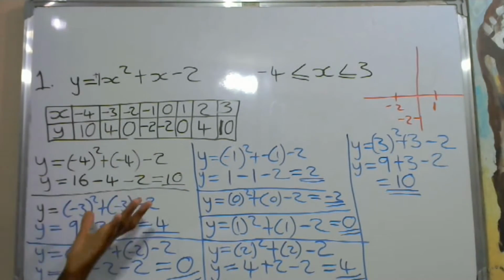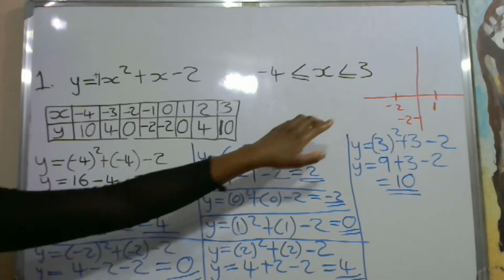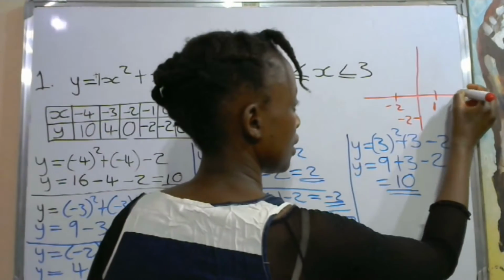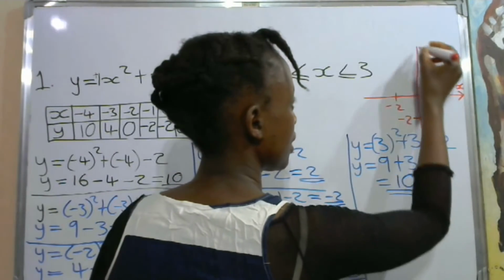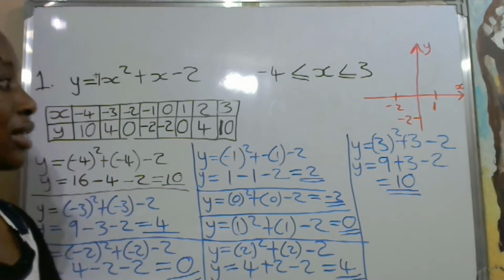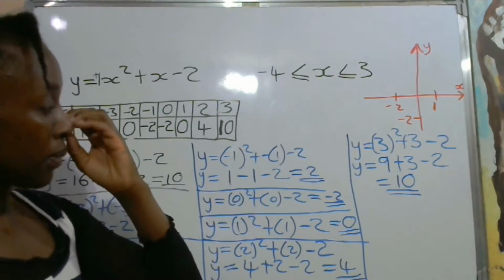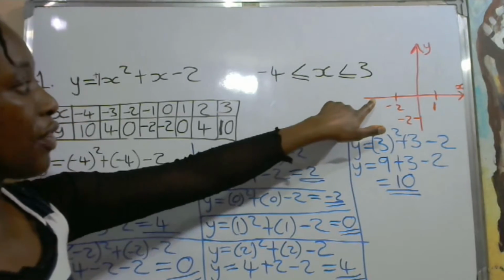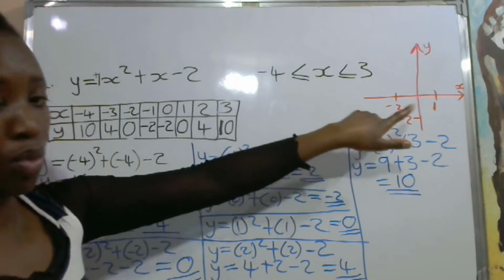We know this because whenever a graph is cutting the x-axis, it's doing so when the value of y is 0.